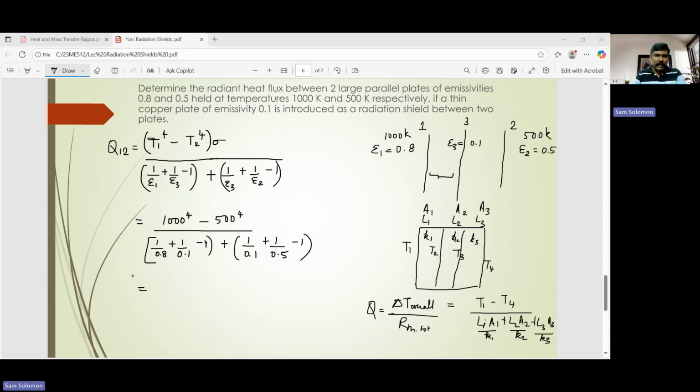So that gives us 5196.98 watt per meter square.